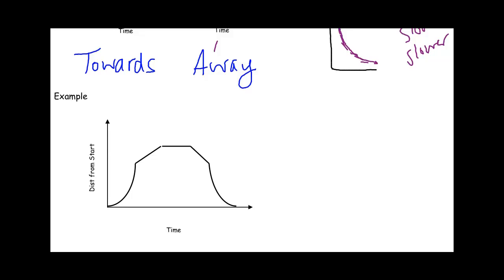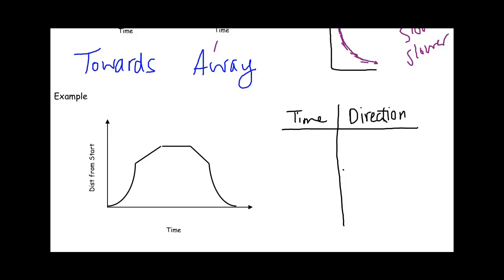Okay. So when I tell a story, I like to talk about the time. I like to talk about the direction. And I also like to talk about the rate at which I'm walking. So let's look at this graph as 5 pieces. So I see piece A here. So I'm going to talk about A being this curve.